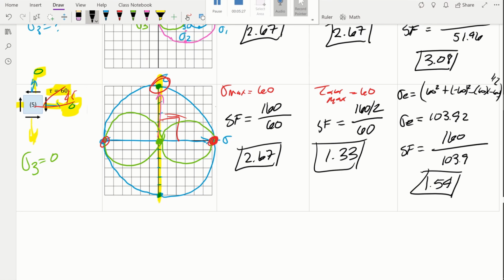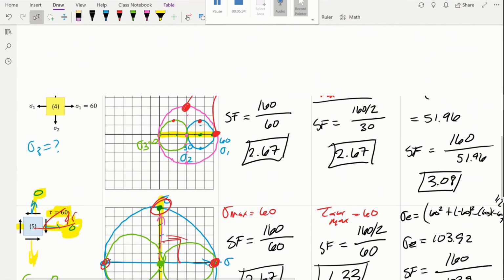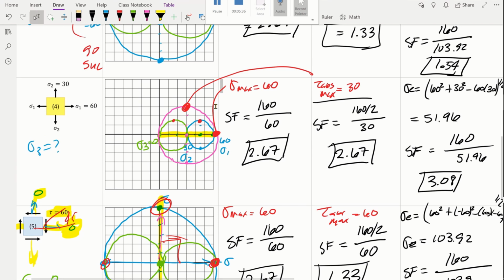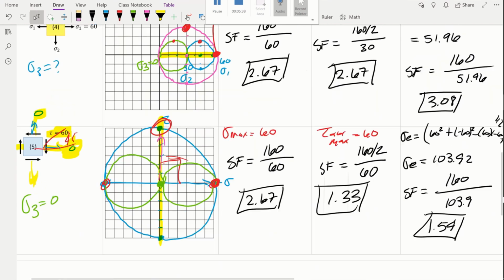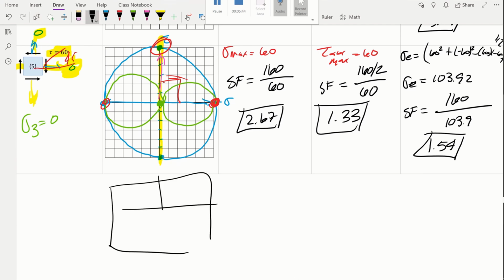I want to remind you that every time we were looking at the stress states, we were working with principal stresses, sigma 1s and sigma 2s. But it's not to say that if we give you sigma x and sigma y, you can't just plot those stresses, still draw the Mohr circle, and figure out the principal stresses and the absolute maximum shear stress, all of that.